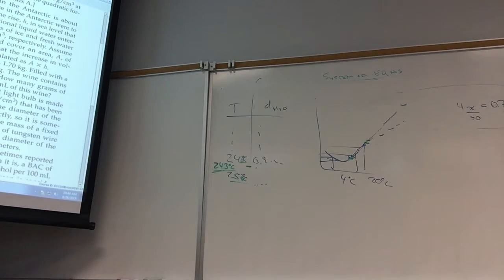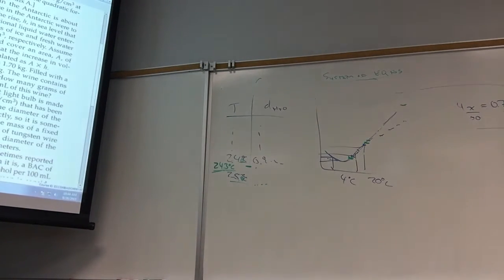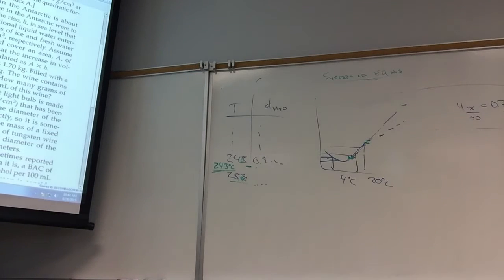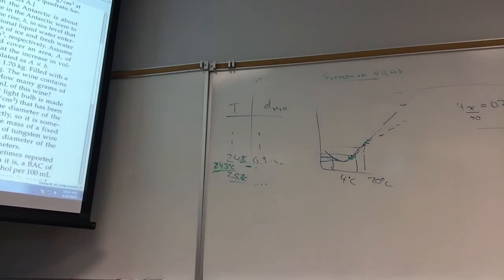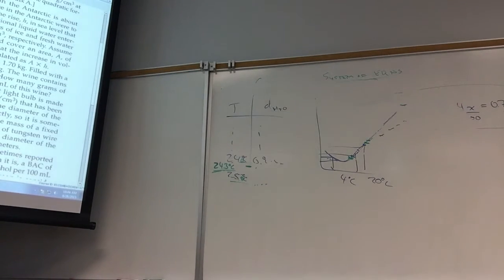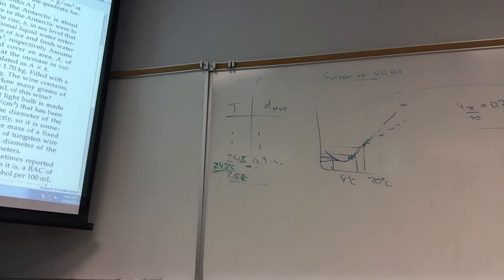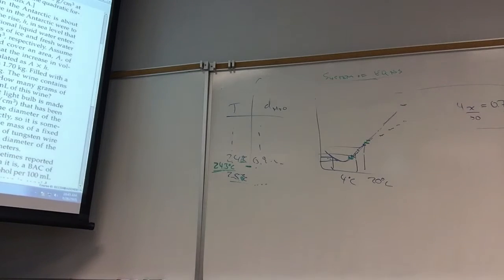At what temperature does water have a density of 0.9986 grams per cubic centimeter? At what temperature? Okay, so here we plug in the density over here and then we solve for T. But when you look at T, we have a T squared term, a T to the first term, and a T to the 0th term.